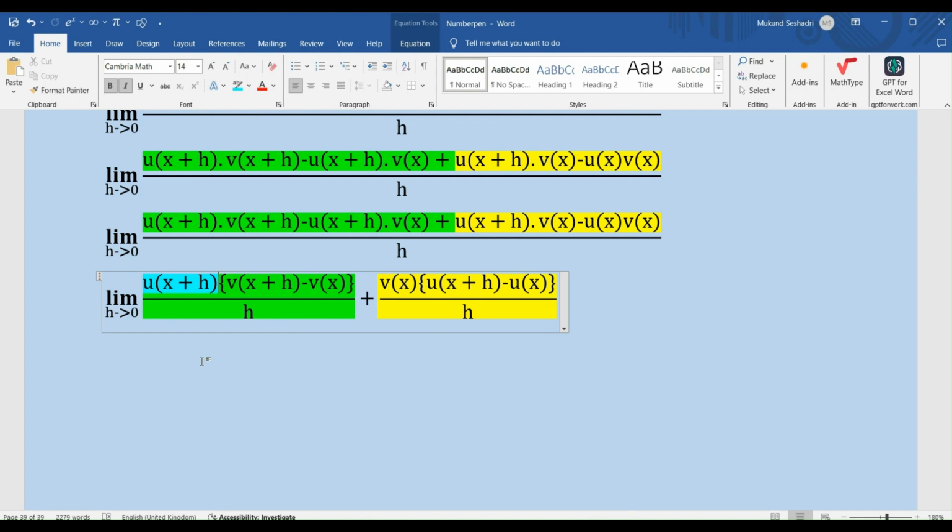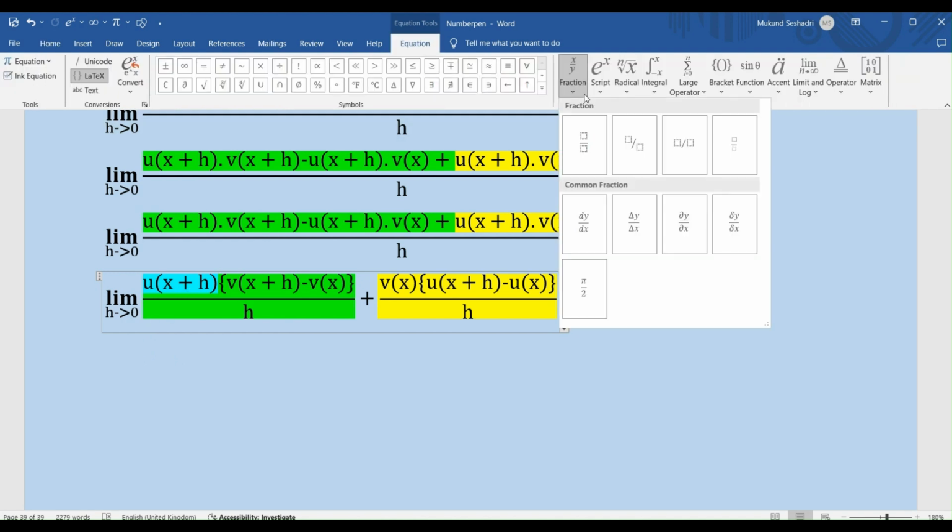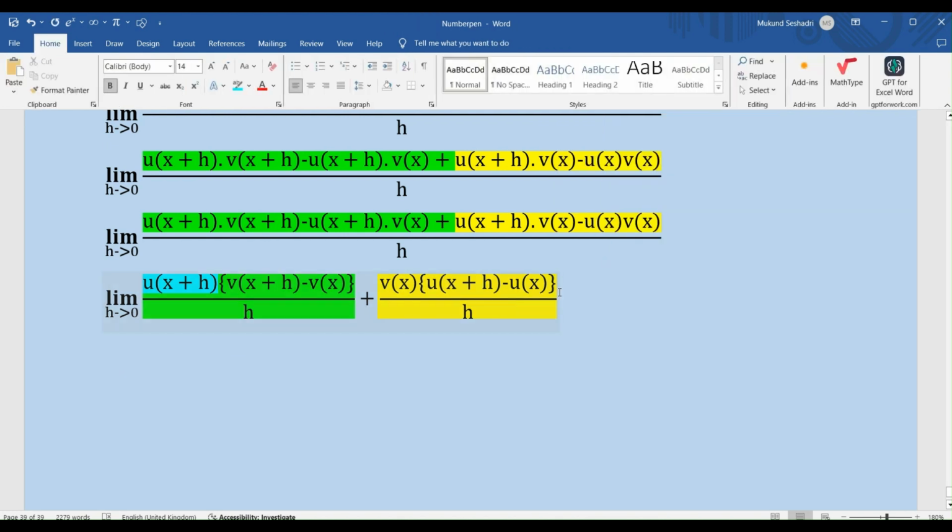And when it is continuous, I know that the limit h tending to 0 of u of x plus h equals u of x, right? And that's the basic condition for continuity. So I can rewrite this expression further, and I think more or less we have arrived at what we want to prove, right?